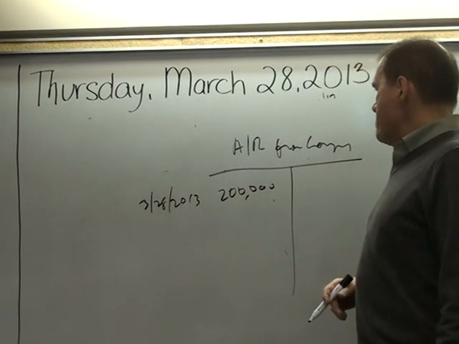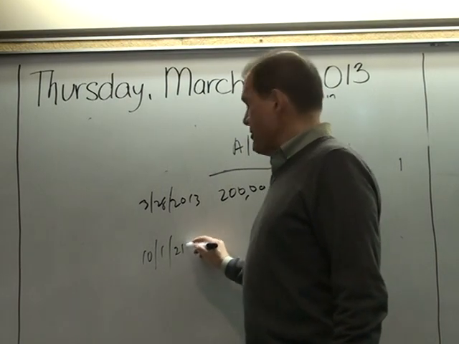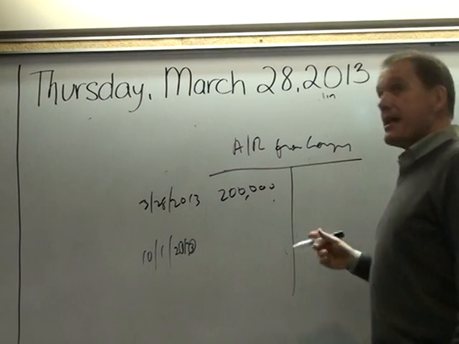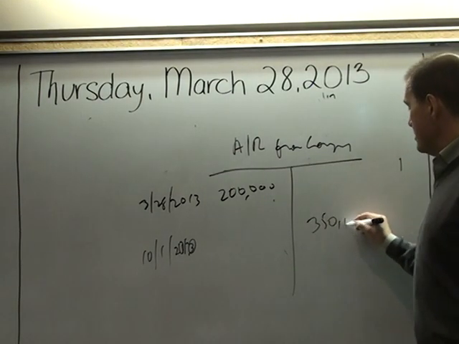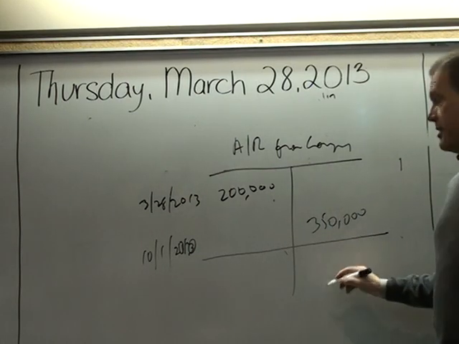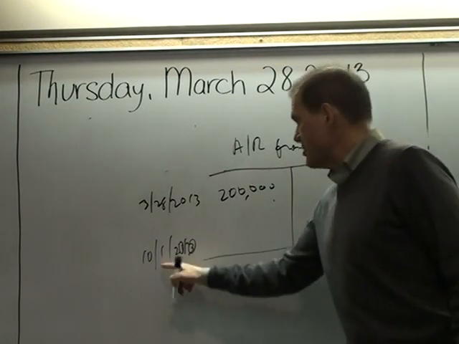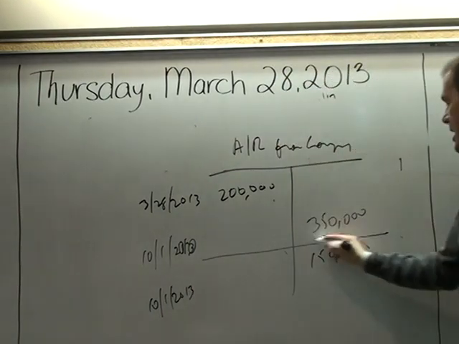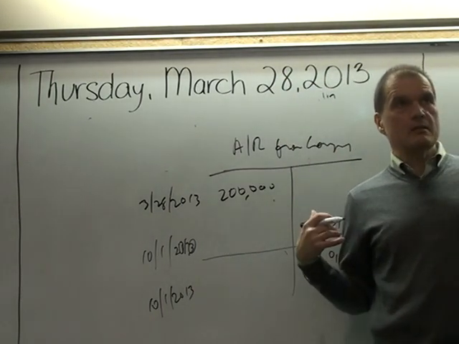Let's say that on October 1st, 2013, I take out of the company $350,000. Now I have a balance payable to the company of $150,000 as of October 1, 2013. I'm treated as if I borrowed that money on that day.